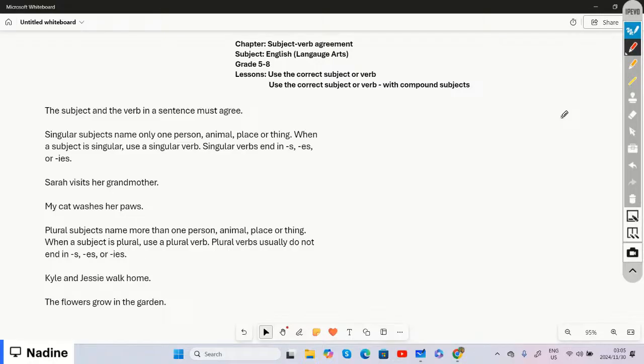When it comes to subjects, we have singular subjects and we have plural subjects. Depending on whether we have a singular or plural subject, the verb then needs to be aligned, or in agreement, with our singular subject as well as our plural subject.